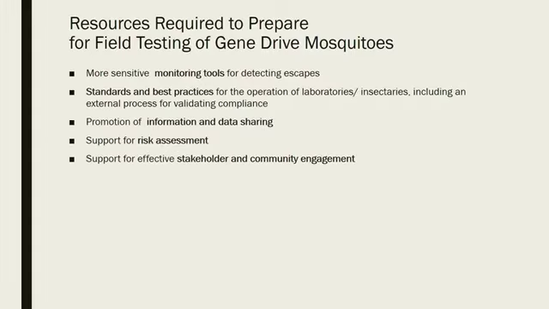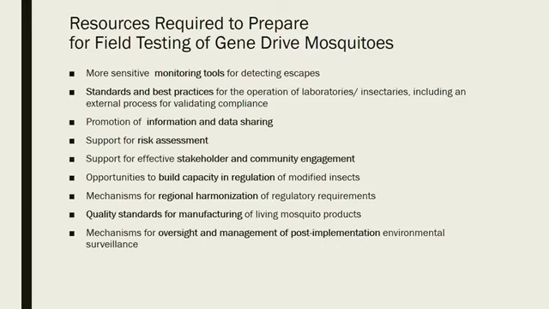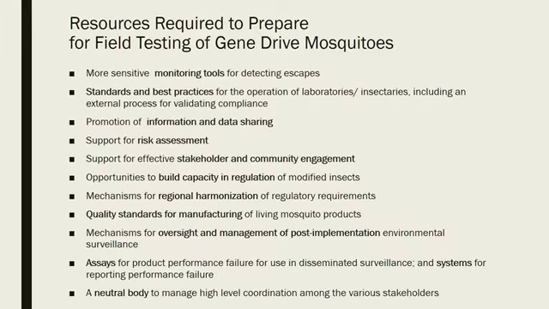Support for effective stakeholder and community engagement, opportunities to build capacity in regulation of modified insects, regional harmonization, quality standards for manufacturing of these living products, mechanisms for oversight and management post-implementation, and the development of assays for product performance failure and systems for reporting performance failure.